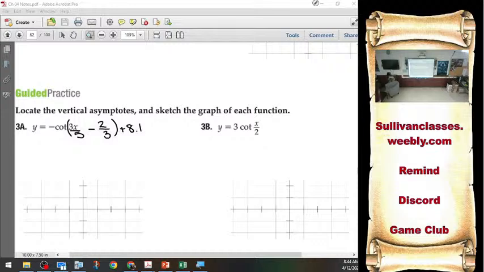If you can do the tangent graph, you can do the cotangent graph. That's why we're starting out heavy.